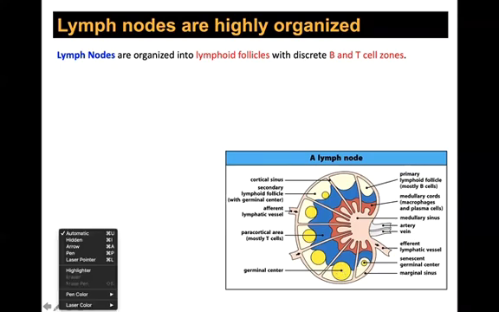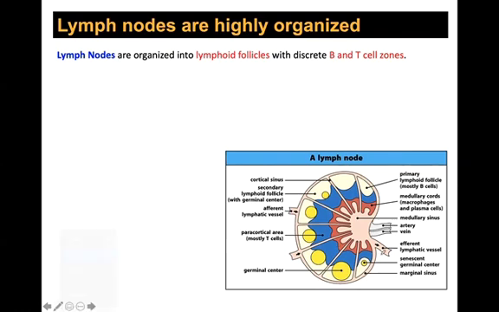Once the infection is controlled, then it senesces and goes down in size and eventually disappears. So if there's a germinal center there, it's making a response to something. Remember, the T cells are coming in through the artery, through the high endothelial venule, which is in the paracortical region.